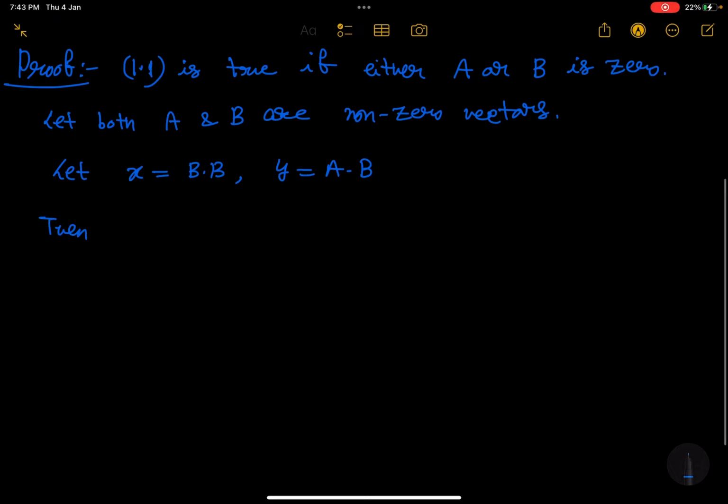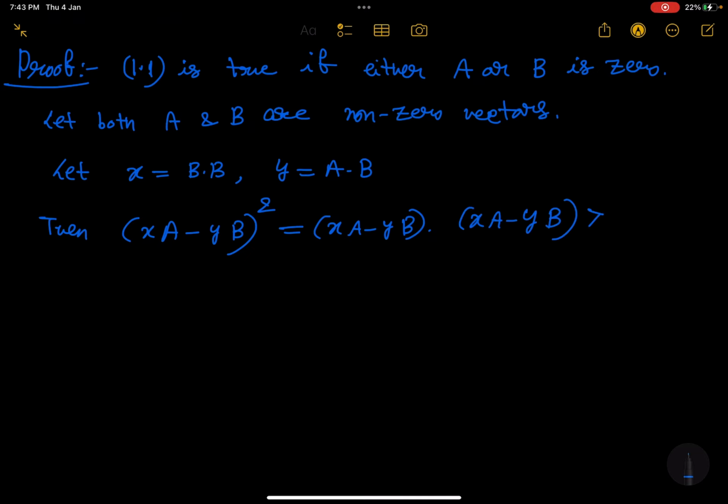Then (xA minus yB) whole square is exactly (xA minus yB) dot (xA minus yB), the dot product of the vector with itself, which is always non-negative.